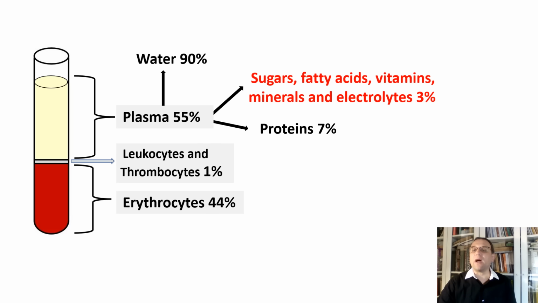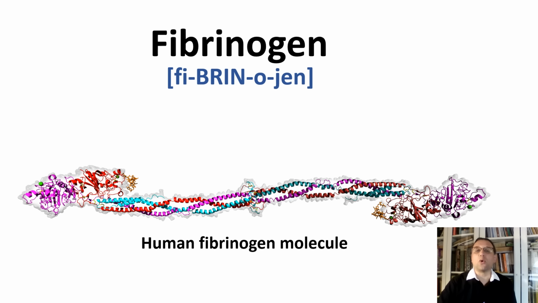Some of the proteins are involved in defense. Proteins called antibodies are involved in fighting infections. Antibodies are proteins that your immune system makes to help fight infections and protect you from getting sick in the future. Another protein called fibrinogen helps to clot blood. The clotting of blood prevents bleeding to death.